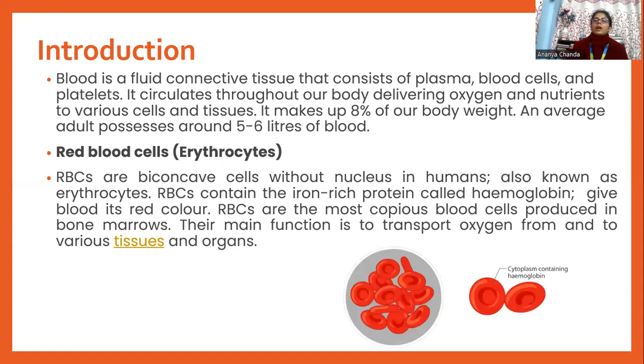So first, as we are talking about blood clotting and the blood groups, we need to understand what blood is, right? Blood is a fluid connective tissue that consists of the plasma and blood cells like RBCs, WBCs, platelets, and it circulates throughout the body for carrying oxygen, nutrients, and proteins to various cells and organs.